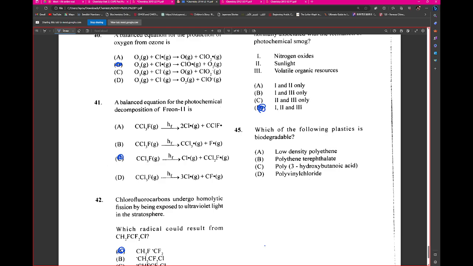So we know that there are mainly 2 types of biodegradable plastics: polyhydroxyalkanoates, PHAs, and polylactic acids, PLAs. Those are usually the most common types of biodegradable plastics, and they're usually acidic in nature, or they're esters. So I think C would be the best answer.